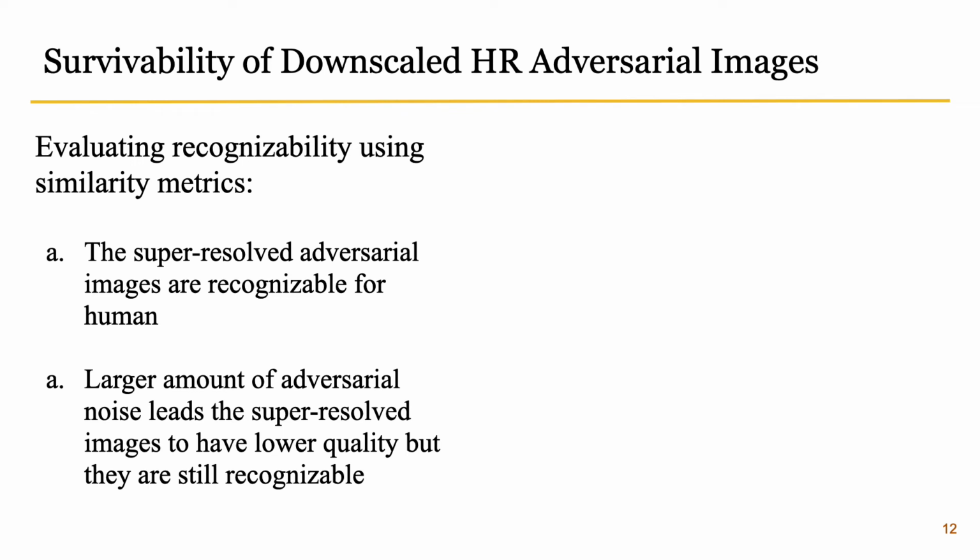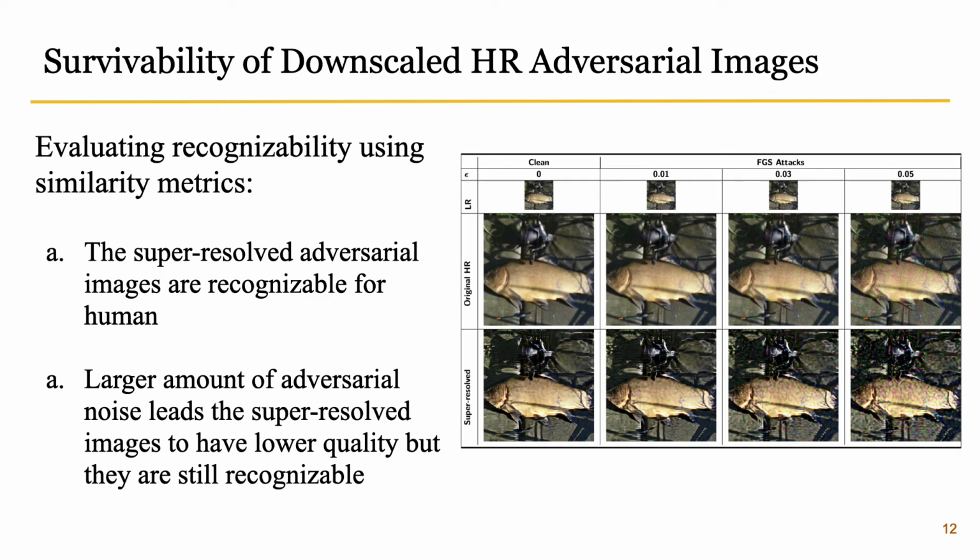The other property we consider for survivability is the recognizability of super-resolved images from low-resolution adversarial images. The adversarial images are not recognizable for classifiers, while they are perceptually recognizable for humans. As shown in the figure on the right side, the super-resolved low-resolution adversarial images are similar to the original high-resolution images.